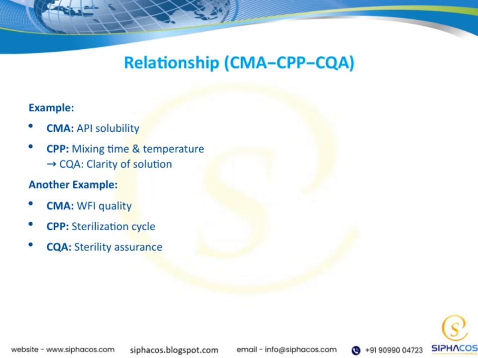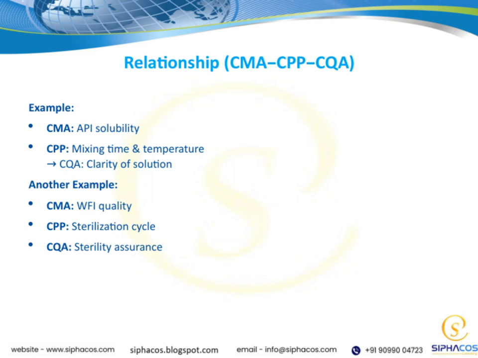For instance, mixing time and temperature are CPPs that can influence the solubility or other properties of the API. And finally, CQA, or critical quality attributes, are the final product characteristics we want to ensure are within specifications. In this case, the clarity of the solution is a CQA that depends on how well we control the CMA through the CPPs. To illustrate further, consider WFI quality as a CMA.